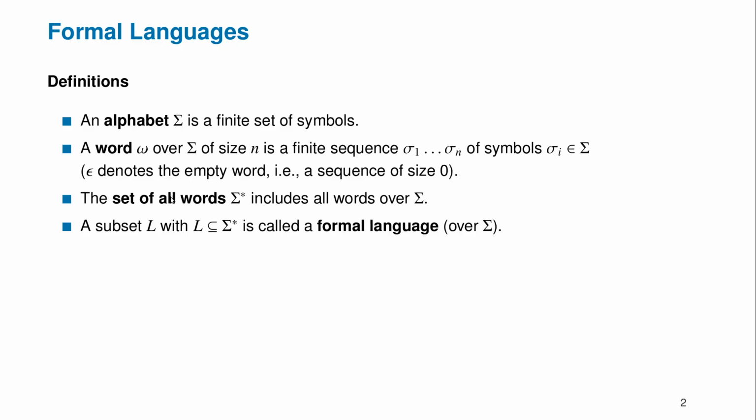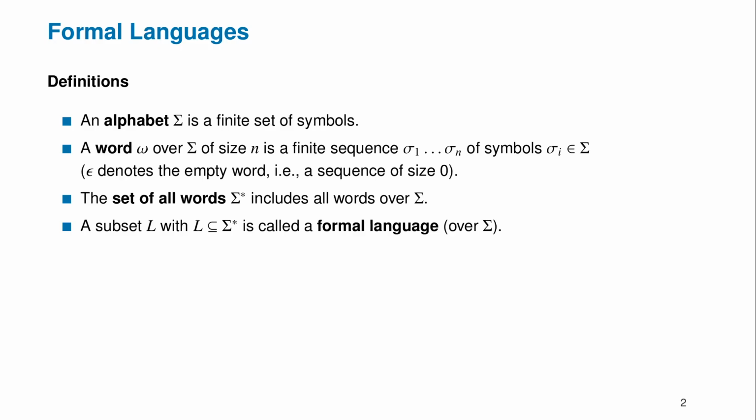Then we are also interested in collecting the set of all words that can be built from an alphabet, and this set of all words we denote by sigma star. And what is important here is that even if the alphabet is finite, the set of all words is usually infinite.